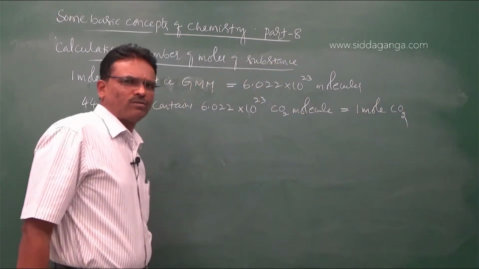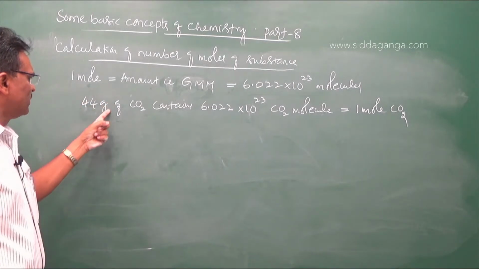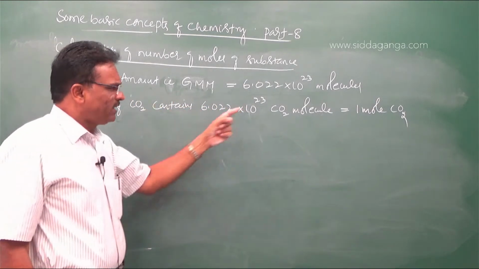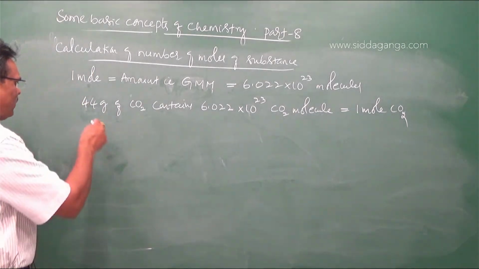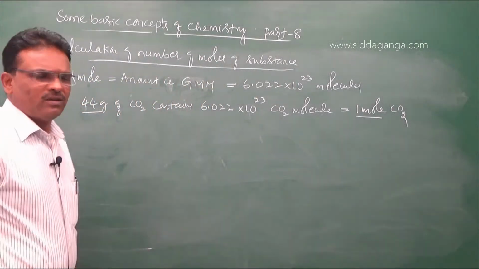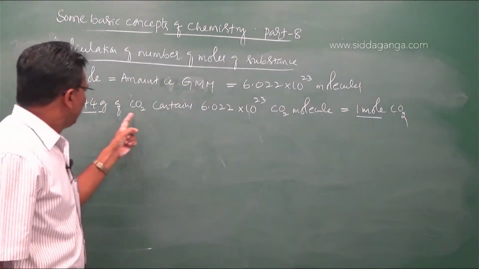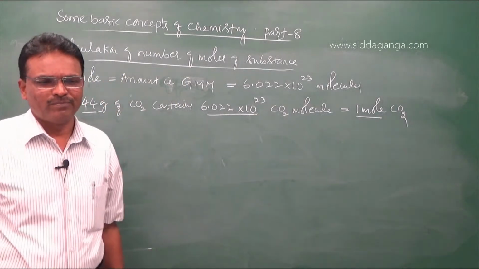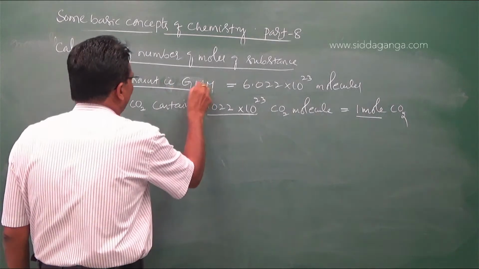Because any substance which contains Avogadro number of particles or molecules is nothing but 1 mole. So 44 gram is nothing but 1 mole. Why is 44 gram considered 1 mole? Because 44 gram carbon dioxide contains Avogadro number of carbon dioxide molecules. So in general, 1 mole is nothing but the gram molecular mass.